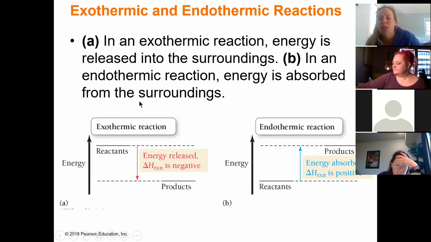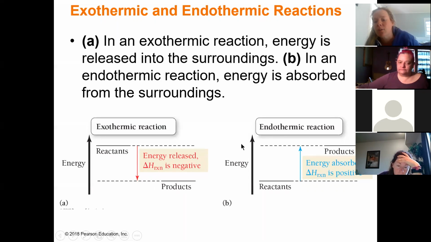Another way we can look at this: in an exothermic reaction, if you're losing energy, that means your reactants have a lot of energy. You lose energy and your products will have a lower amount of energy, right? This is energy on the y-axis here, higher energy, lower energy. So my reactants have a lot of energy. We run through the reaction and my products now have a lower energy.